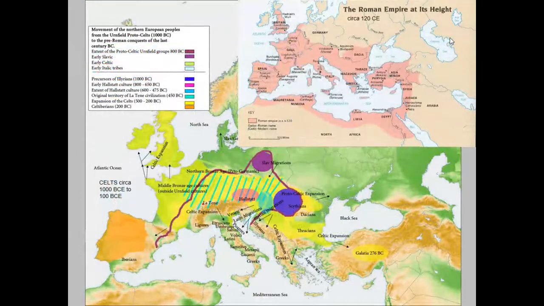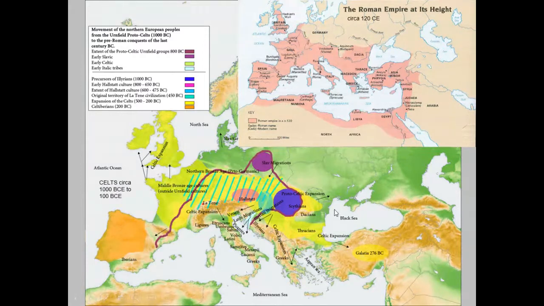So this map again shows you the contrast between the extent of the Roman Empire at its absolute height under emperors Hadrian and Trajan, and then how that begins to fall apart as these various tribes begin to infiltrate and take over this territory.